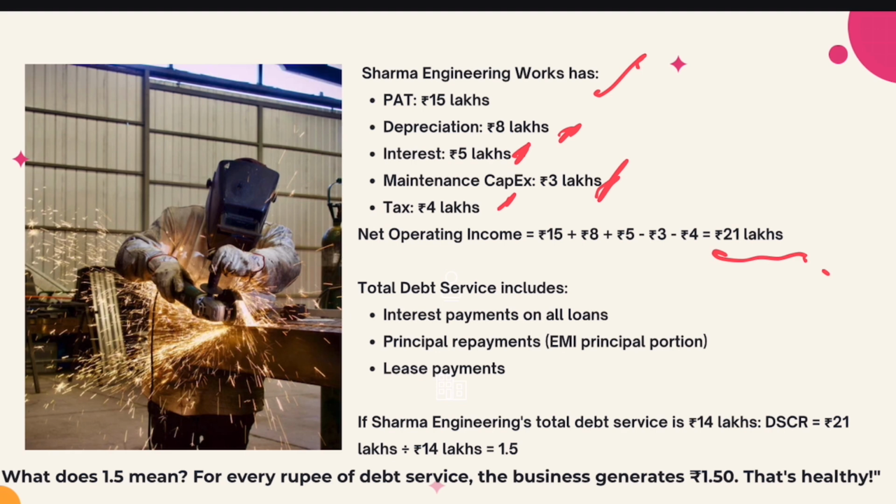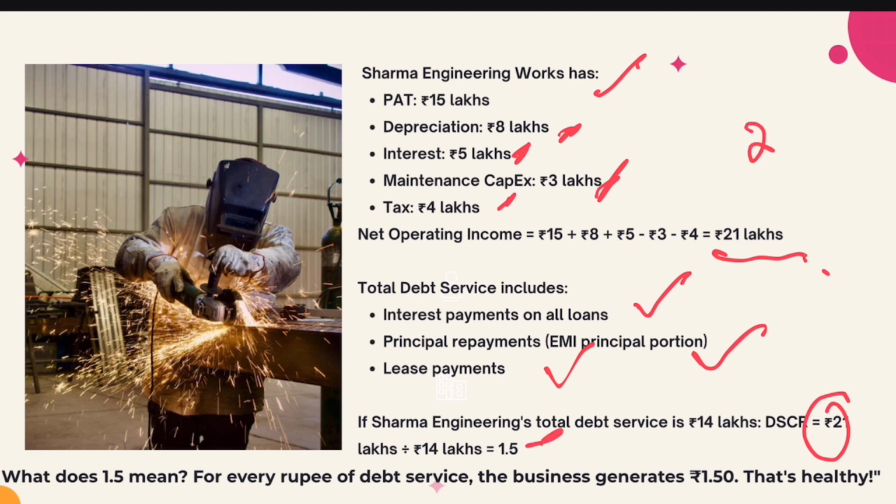So now total debt service includes interest payment, all loans, principal repayment, and lease payments. So now if Sharma Engineering has total debt service 14 lakhs, okay, right? DSCR will be 21 divided by 14.